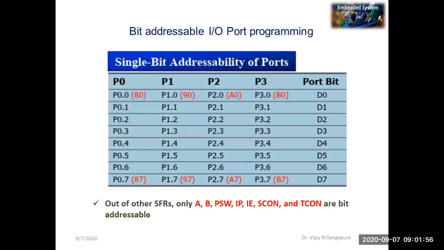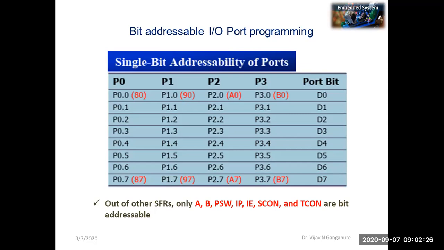Now the next part is bit addressable IO port programming. So what does bit addressable IO port programming mean? Instead of outputting bytes of data on a port, or reading in bytes of data, we can read in a particular pin of a port, or output data on a particular pin of a port.